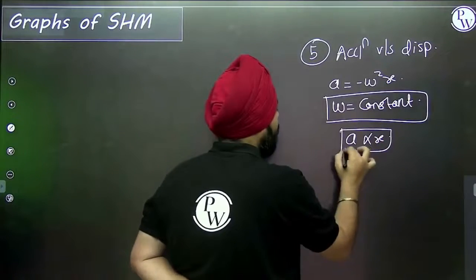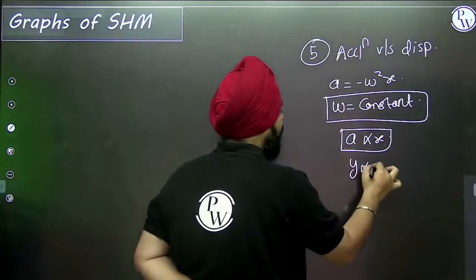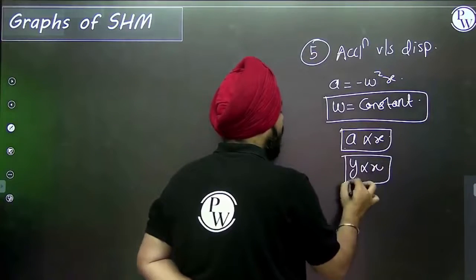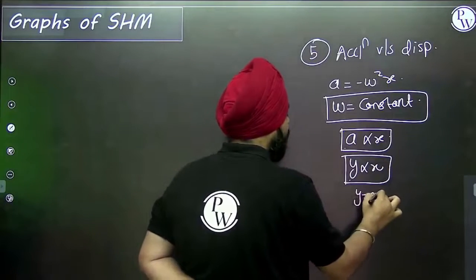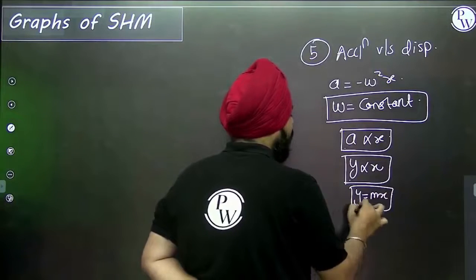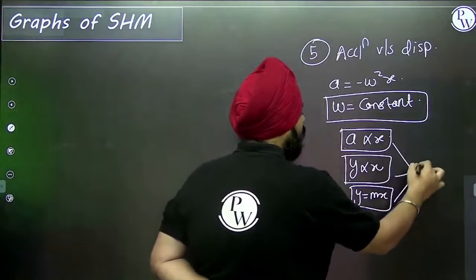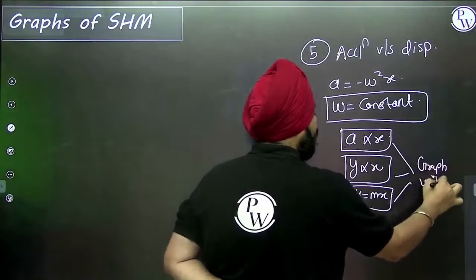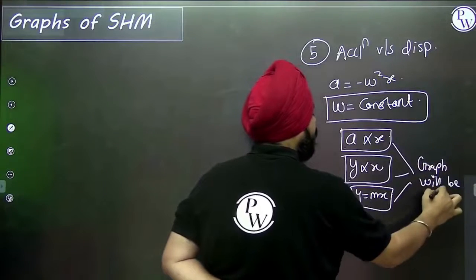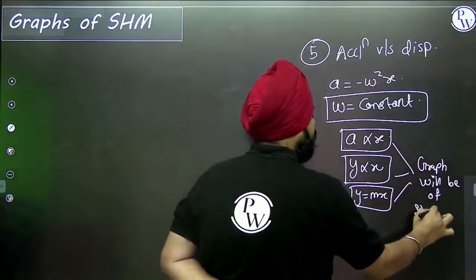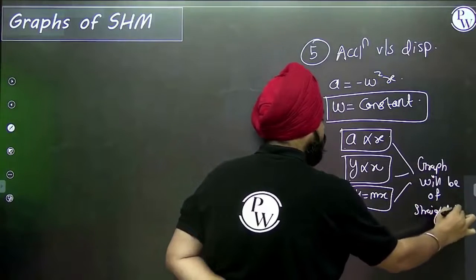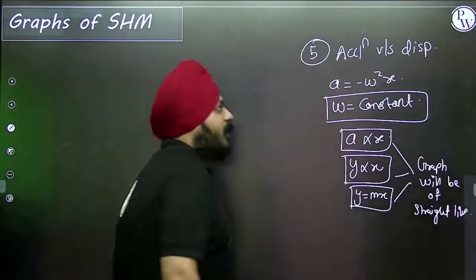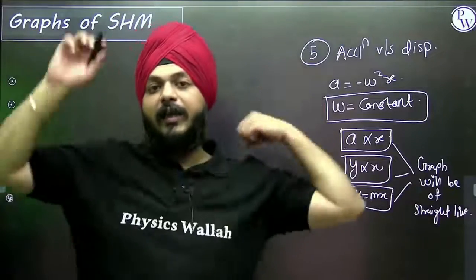If a is directly proportional to x, obviously y is directly proportional to x. Removing the proportionality sign, I'm getting y is equal to mx. So this will be the equation, and the graph will be a straight line.